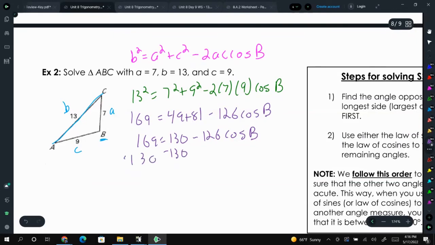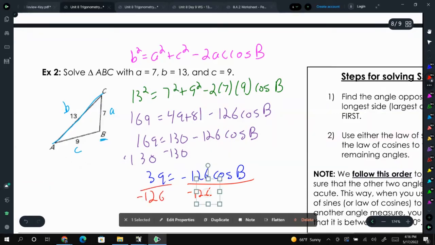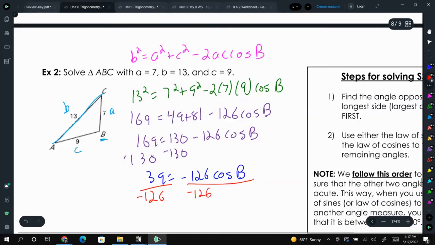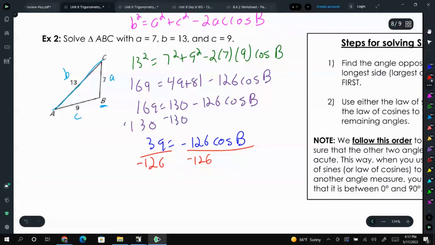Subtract 130 from both sides. And that's going to give us positive 39. So 39 equals negative 126 times the cosine of b. Divide both sides by negative 126. So we're trying to get this cosine of b by itself here. And we get negative 0.309 or negative 0.31 equals the cosine of b.